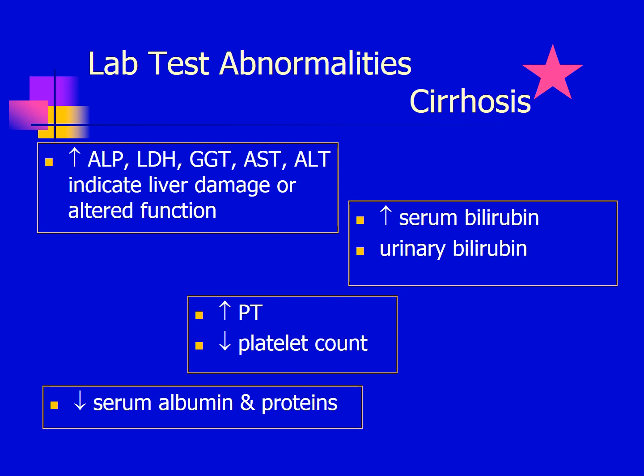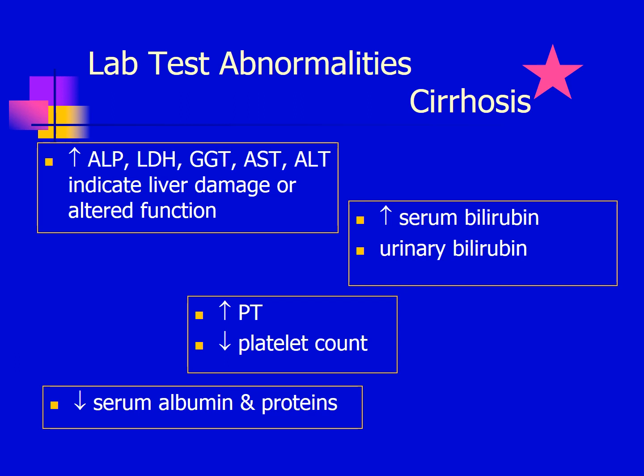So what are some of the lab tests that show abnormalities of cirrhosis? Similar tests you've already seen, because it's still the liver we're talking about. So there will be abnormal levels. The serum bilirubin is going to go up, because it's supposed to be excreted, and it's not.